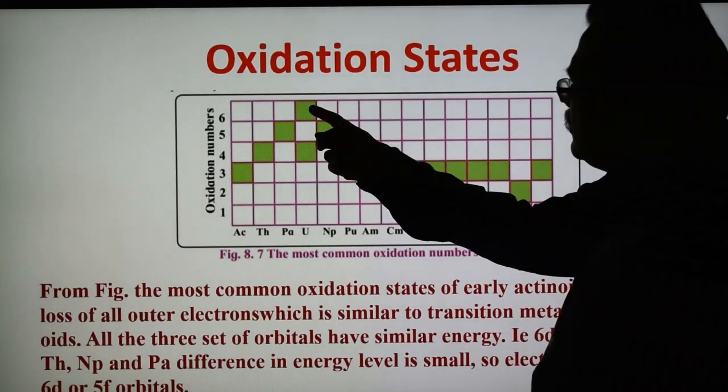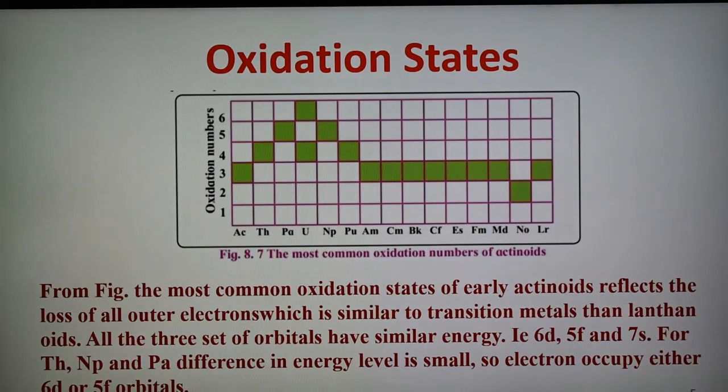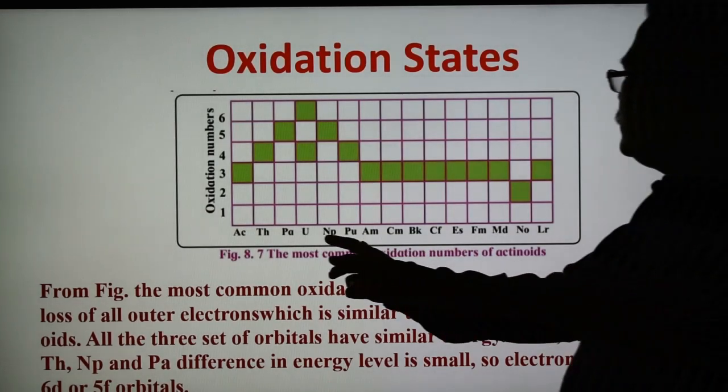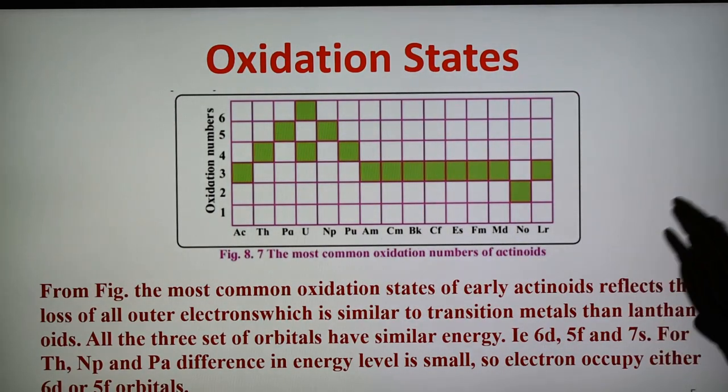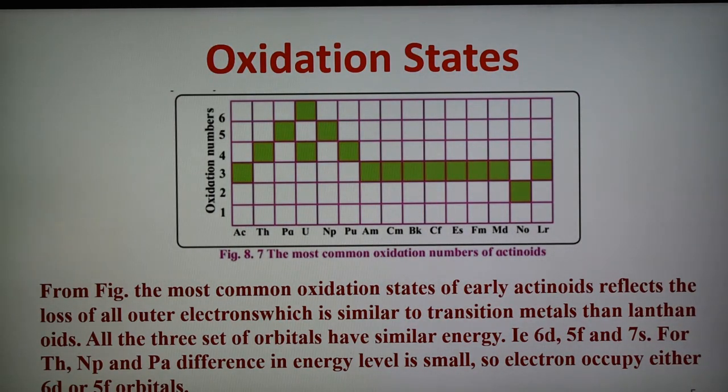This is the +7, and here +6 is shown, and some elements also show +7. The +7 maximum oxidation state is shown by neptunium and plutonium, and uranium shows +6. After uranium, neptunium and plutonium, these elements show a maximum oxidation state of +7, and a stable oxidation state is shown by neptunium, +7.